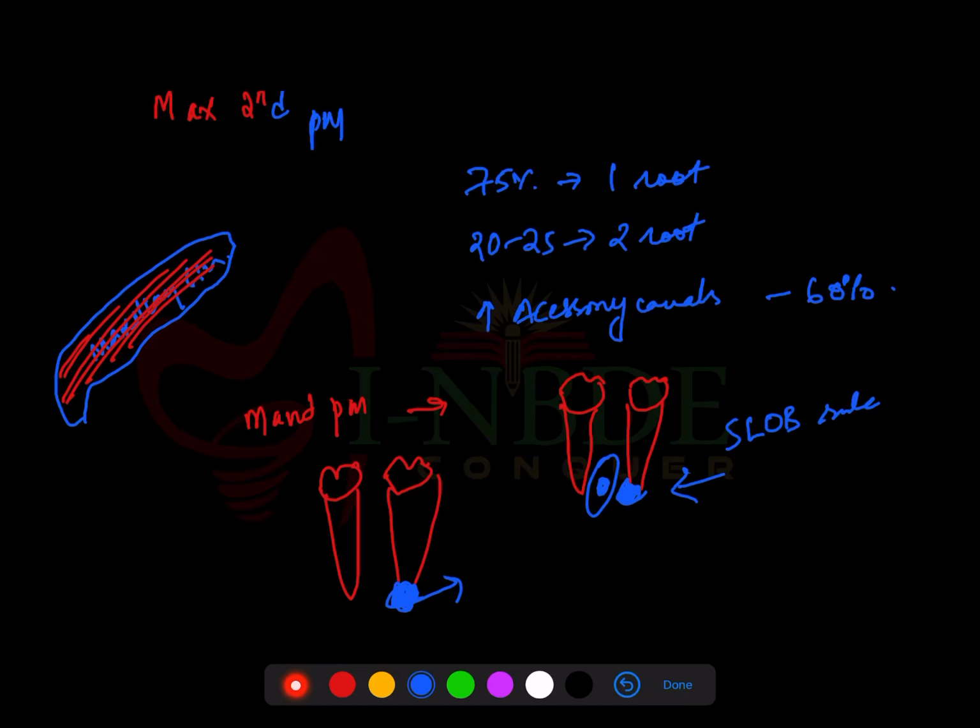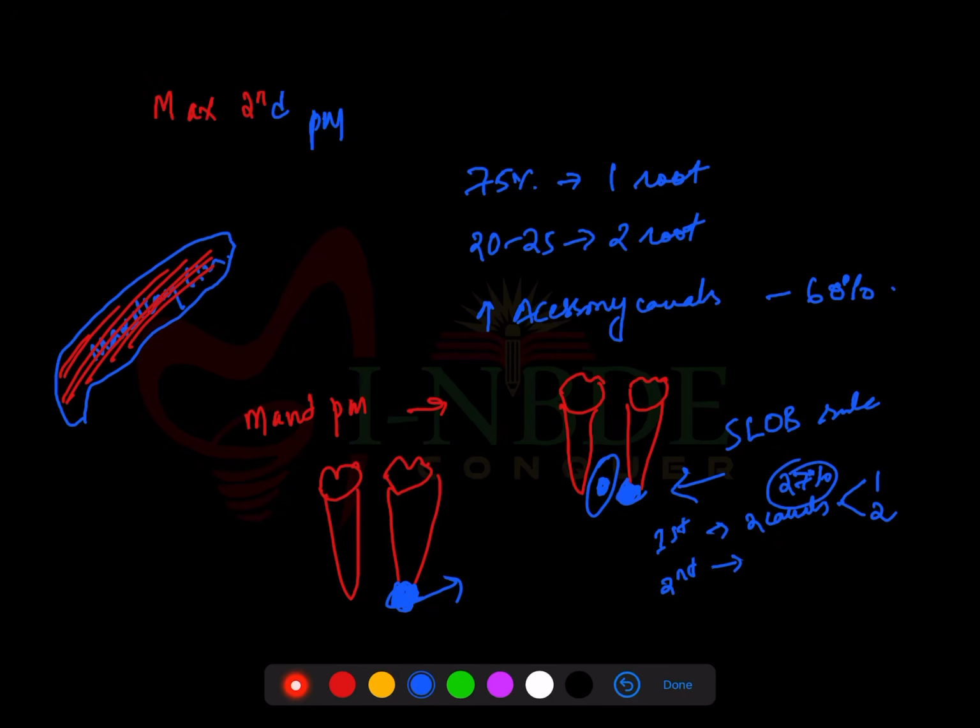And the next important thing to make a note of is your mandibular first and second premolars. The difference between the first and second premolars when coming to the anatomy is that the first premolar will contain two canals, which may end with two orifices or with one orifice. This is around 27% of cases.